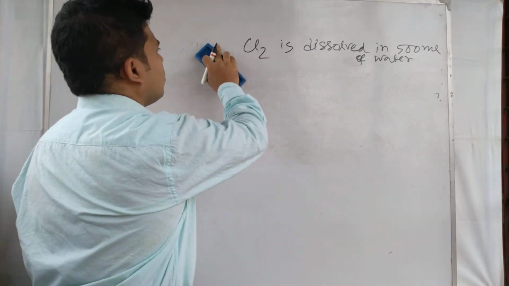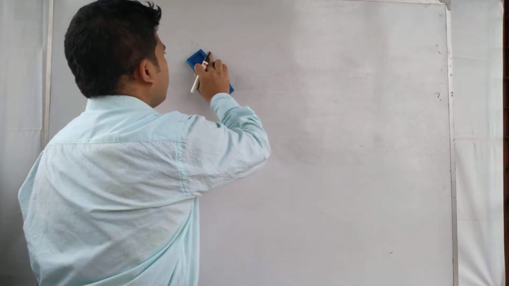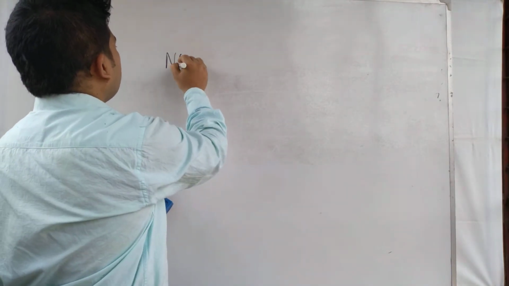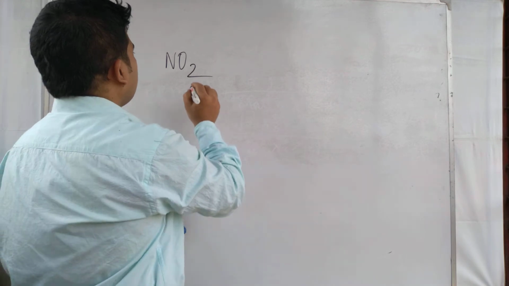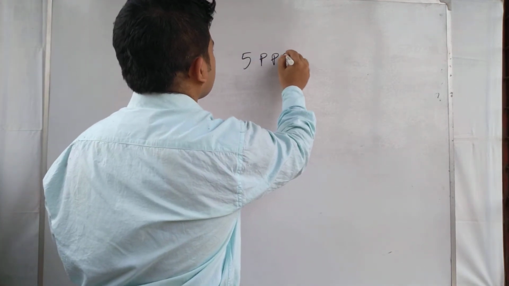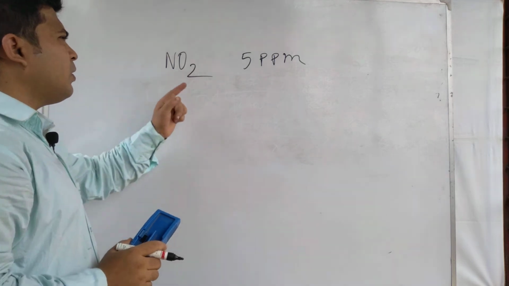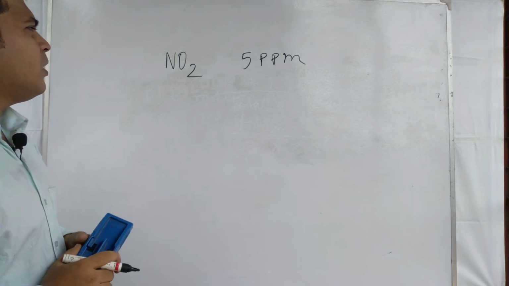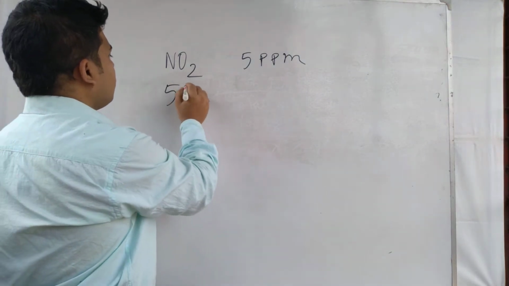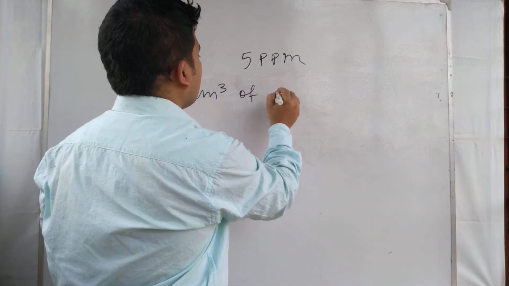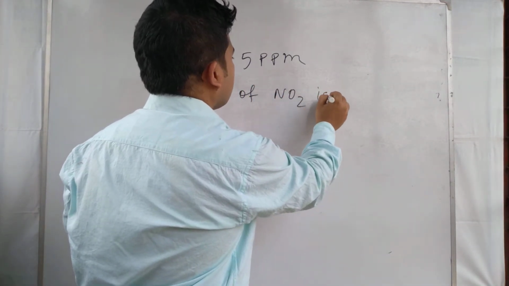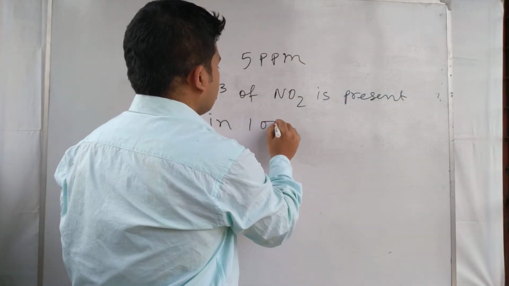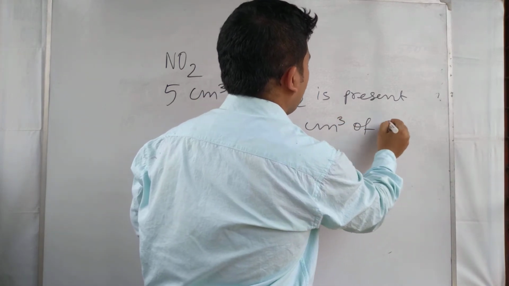For example, in the atmosphere some gaseous pollutants are present. If we talk about NO2 pollutant, and it is present at 5 ppm, what do we mean by it? It means that 5 centimeter cube of NO2 is present in 1000 centimeter cube of air.